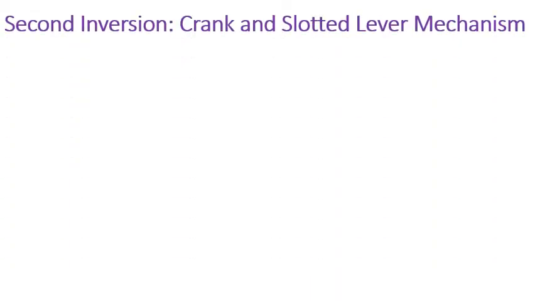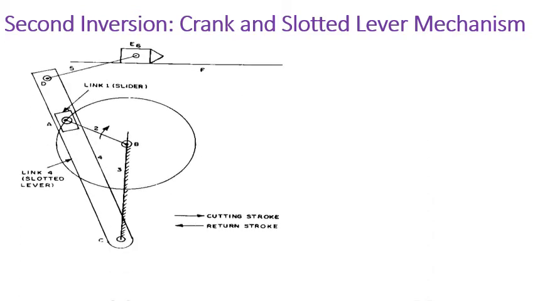Another example for second inversion of a single slider crank chain is the crank and slotted lever mechanism. The crank and slotted lever mechanism is shown in the figure.